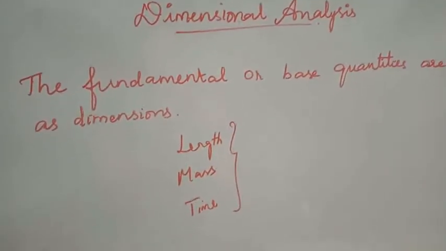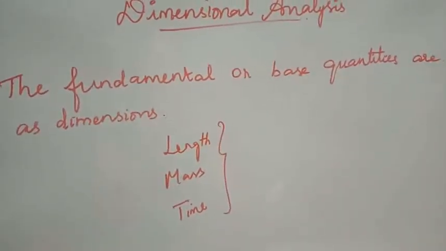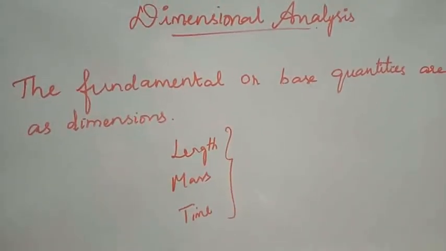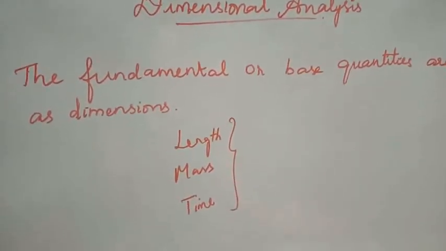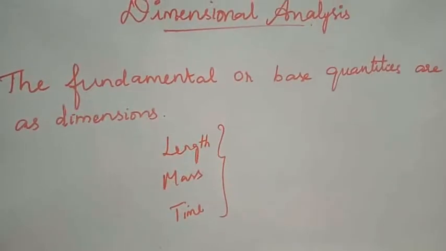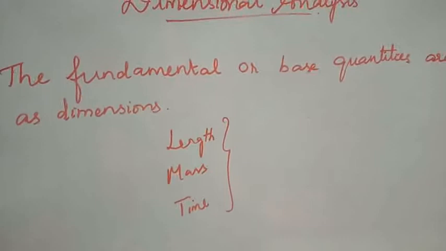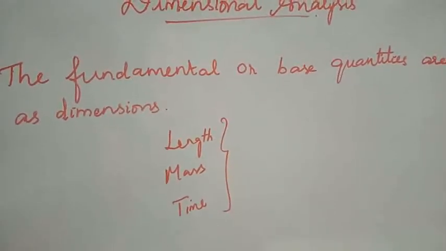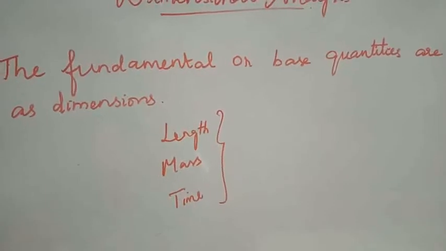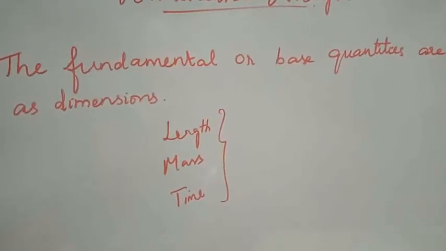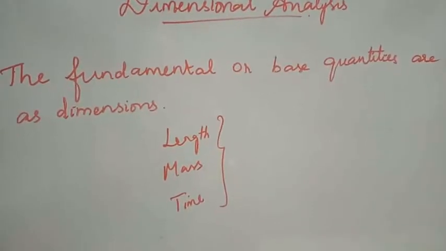Any other quantities other than these, we have fundamental quantities and derived quantities. Any derived quantity can be represented in terms of fundamental quantities also. So these fundamental quantities are called the base quantities. These are the base for our physical measurement. So in the world of physical measurement, these fundamental quantities are called the dimensions.